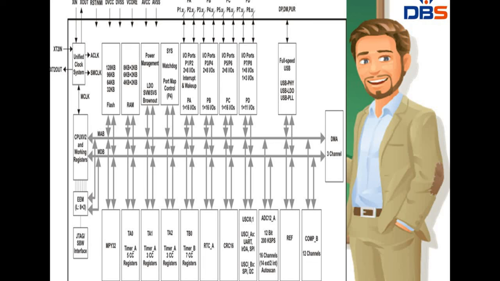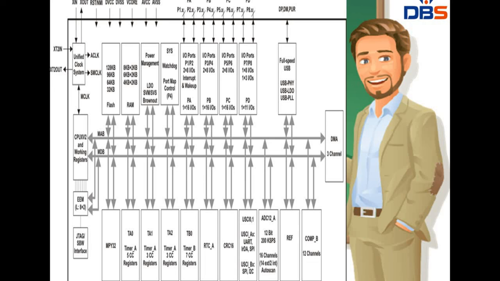It is integrated with a very low dropout linear regulator with a voltage of 1.8 volts to 3.3 volts, and integrated programmable logic levels which work with highly flexible clock frequencies. It can also use a 2 kb dedicated USB buffer.